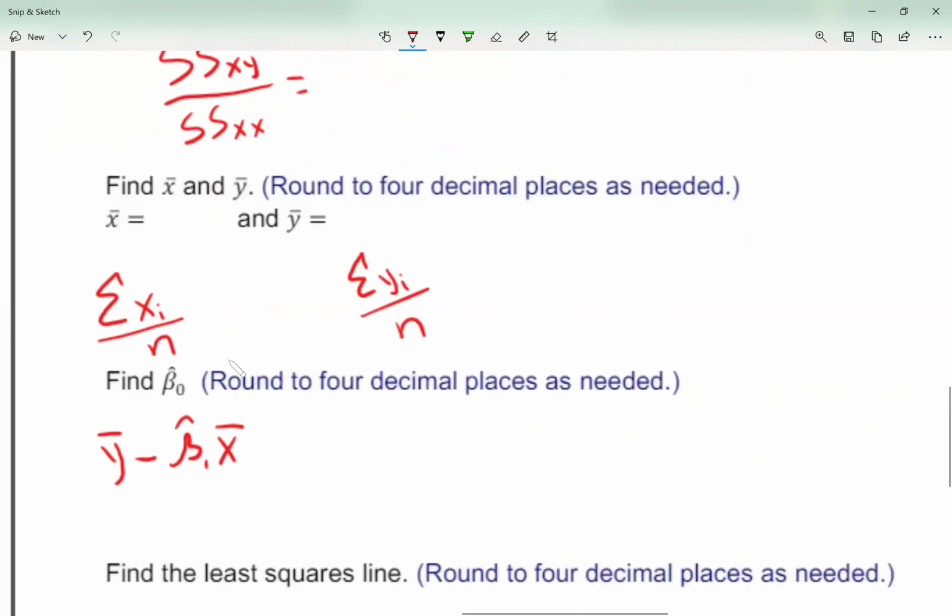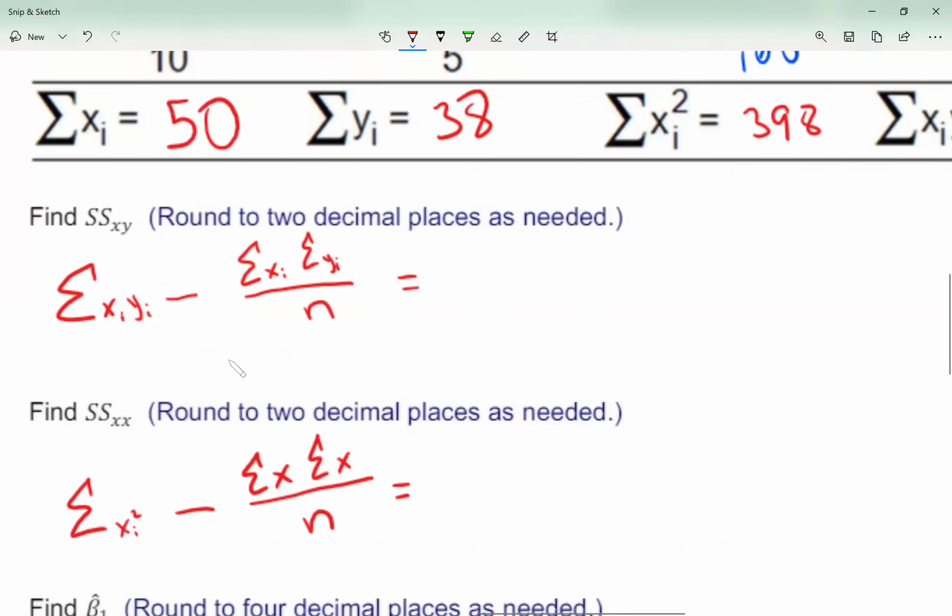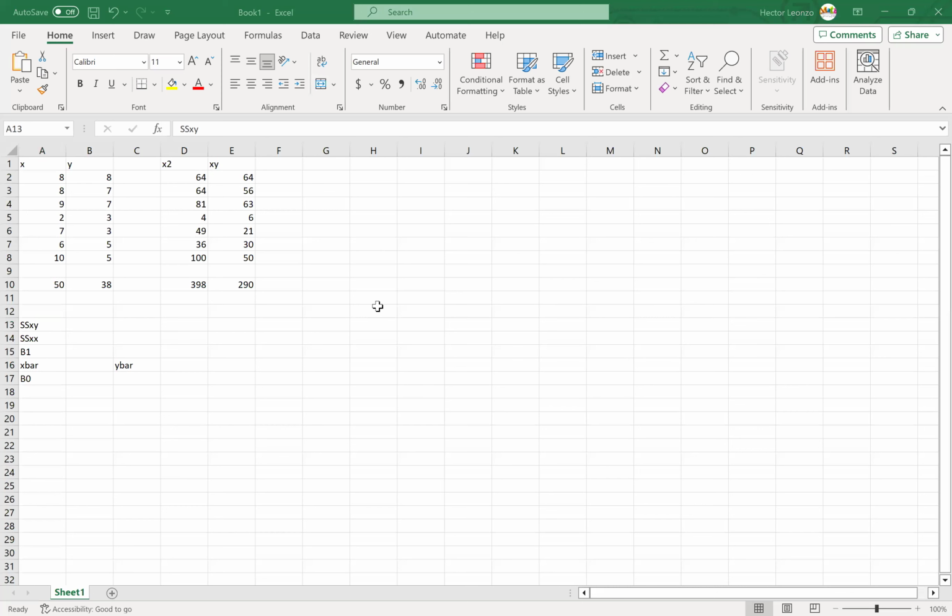Okay, let's see. I'm going to use Excel for these. So let me come back here. So SSXY. This is a reminder of what our formula looks like. I'm going to write my formula here at the side.